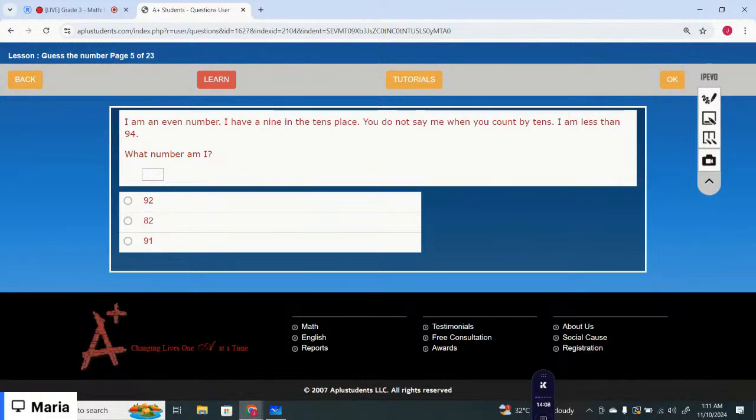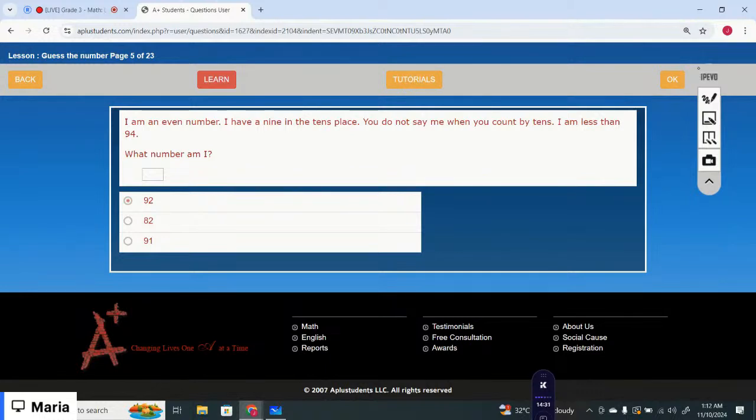Which option is the correct one? Even number it is. It has a 9 at the tens place and is less than 94. So which is the correct option? Very good. That is option number 1.